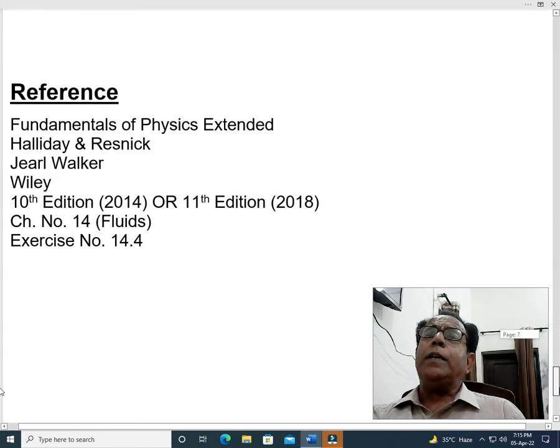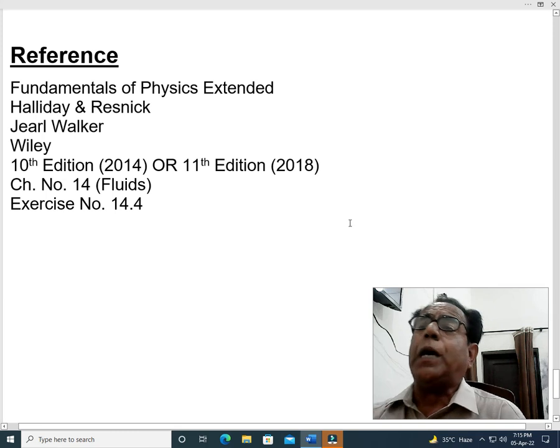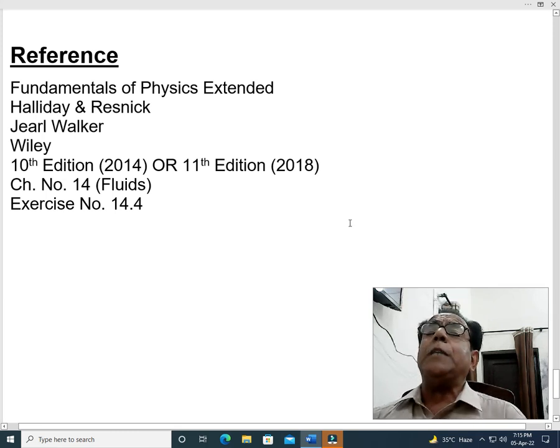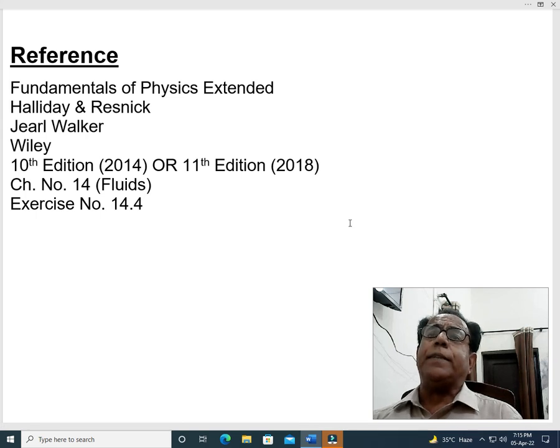Now we come towards the reference book from where this problem has been chosen. Okay, reference book is Fundamentals of Physics Extended. Its authors are Halliday, Resnick and Jearl Walker. Its publisher is Wiley and its 10th edition 2014 or 11th edition published in 2018 has been adopted.